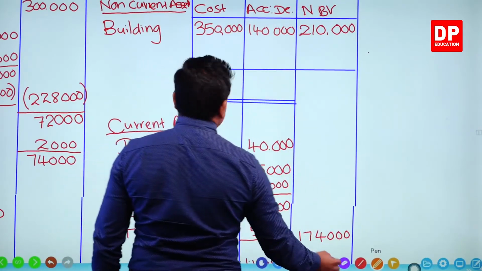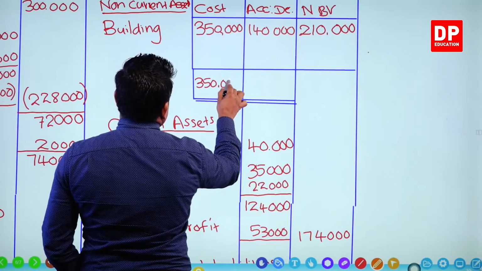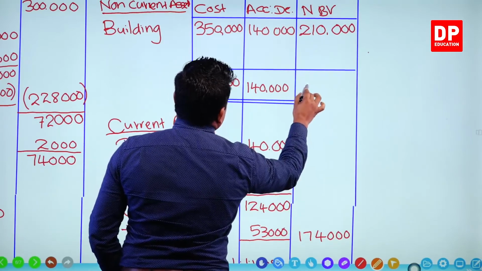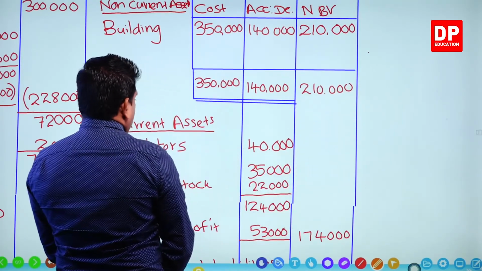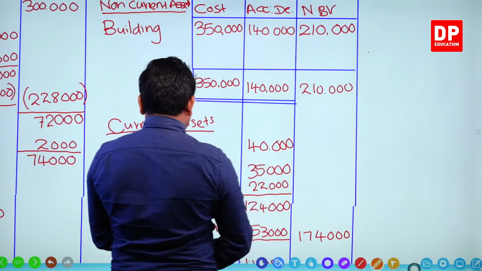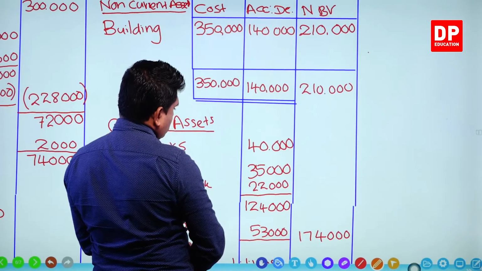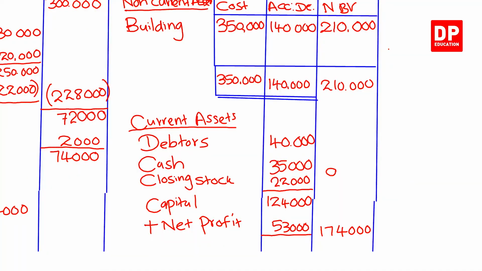Here 350,000. Here 140,000. Here same 210,000. Okay. Now you get only the current assets total, 97,000. 97,000 is the current assets.